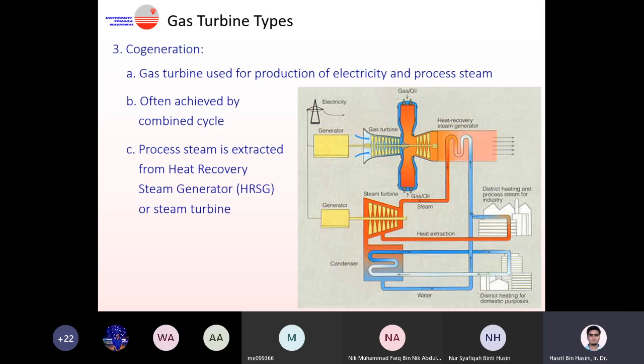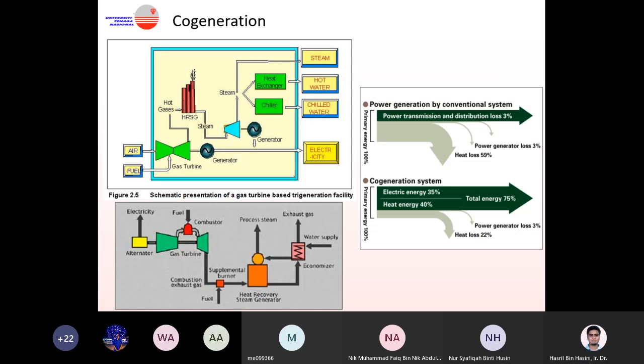They use the steam as part of their process in the industry or factory. We call that a cogeneration plant. You can see here an illustration that describes the cogen plant, as an example.